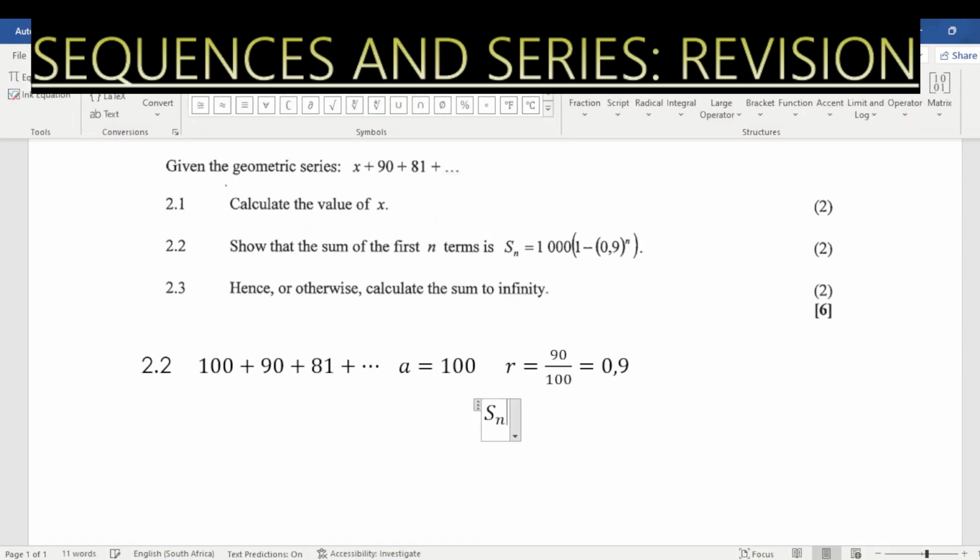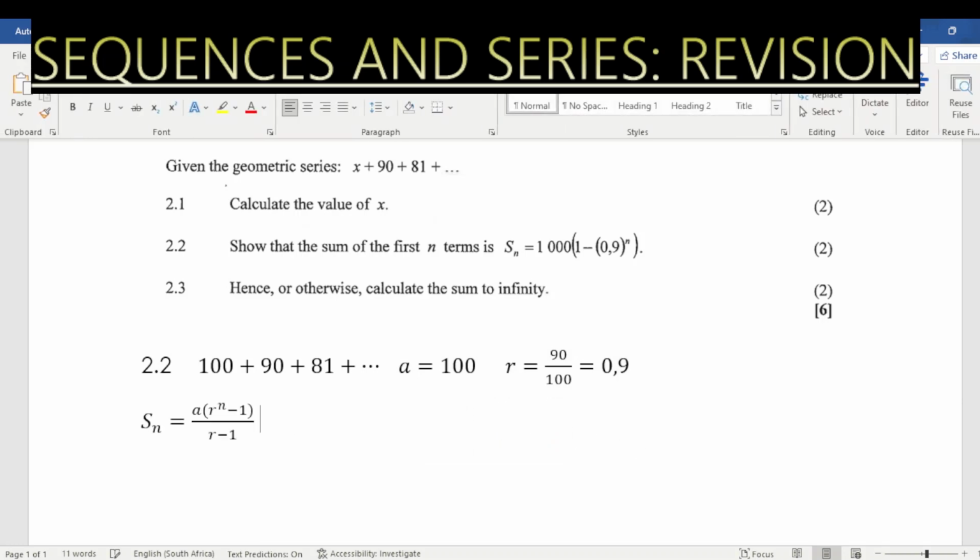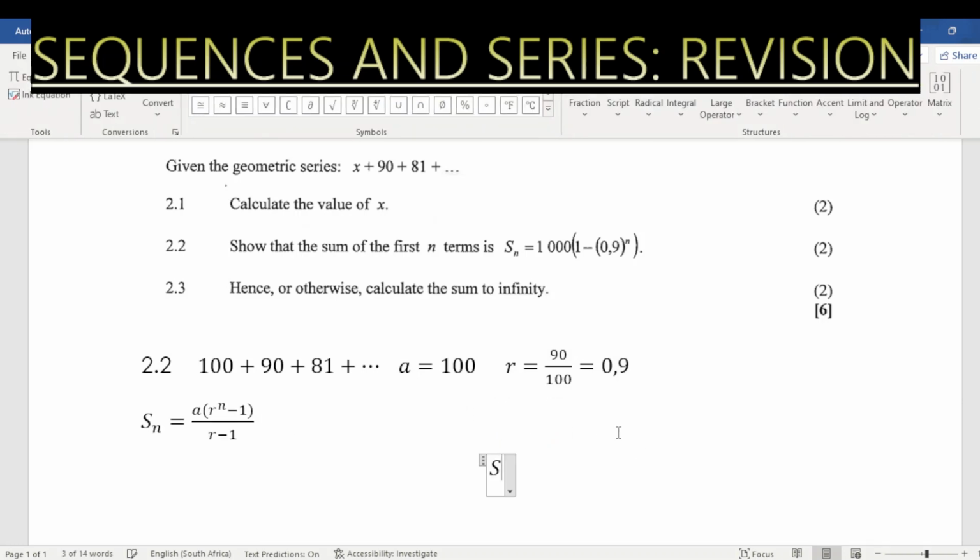We choose the appropriate formula for the sum of n terms of a geometric series. This is a well-known formula. Your teacher probably has shown this formula to you already. So this is what we use for the sum of the first n terms of a geometric series. Substitute, remember the n's you leave alone. There's two n's, there's a subscript and an n by the exponent. Leave those alone.